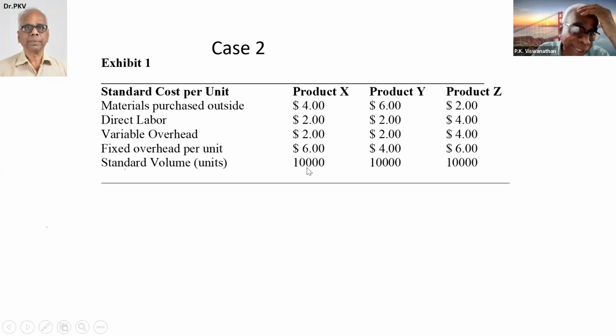So what happens here is 60,000 is the fixed cost for product X, 40,000 is the fixed cost for product Y, and 60,000 is the fixed cost for product Z. And this is a sunk cost. Even if you produce 0 units, you will have to incur this. That's what the case says. These are the cost details.